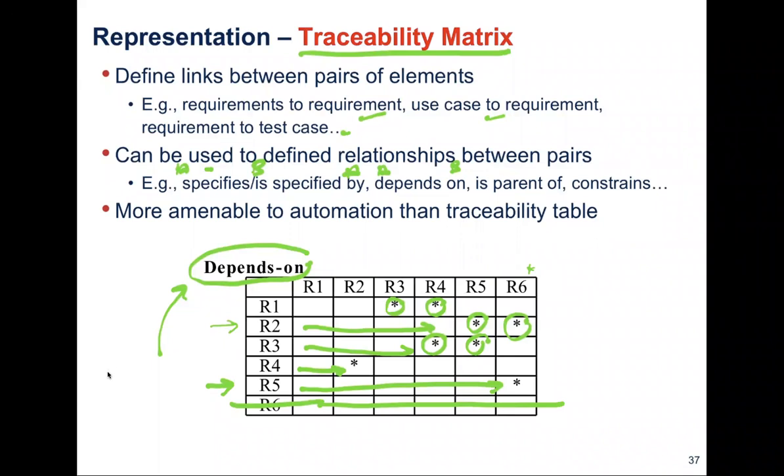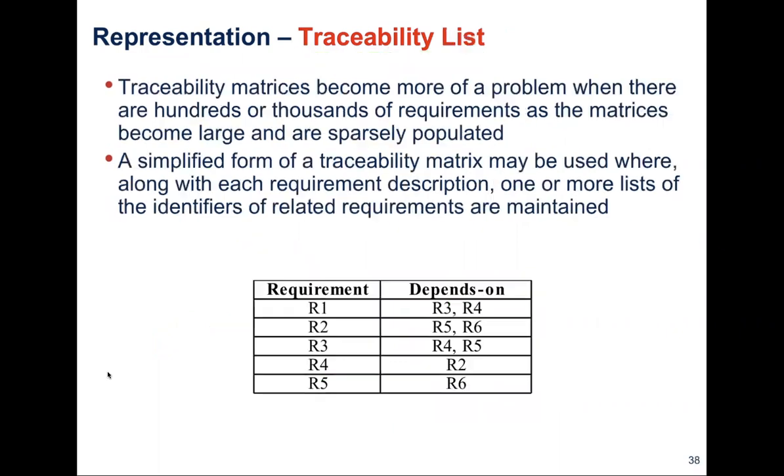So in addition to the traceability matrix, there's a third representation, which is called the traceability list, which has been proposed. This is mainly because the size of the traceability matrix has become very big, especially if we have a lot of requirements. Also, most of those matrices are sparse.